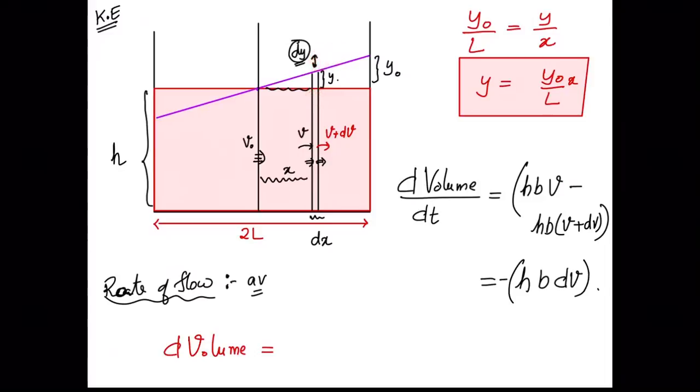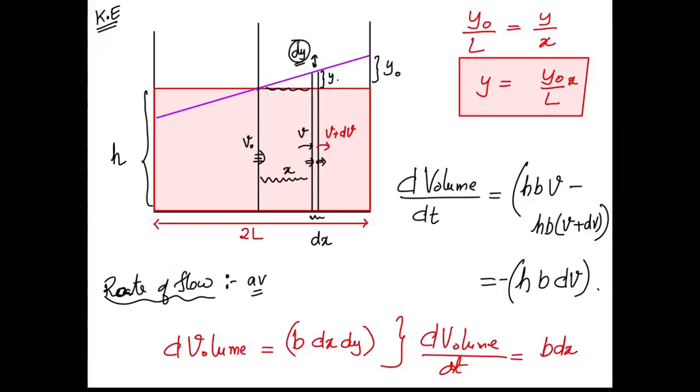So I can write that as b into dx into dy, okay? And from here d volume by dt will be b into dx into dy upon dt, okay?